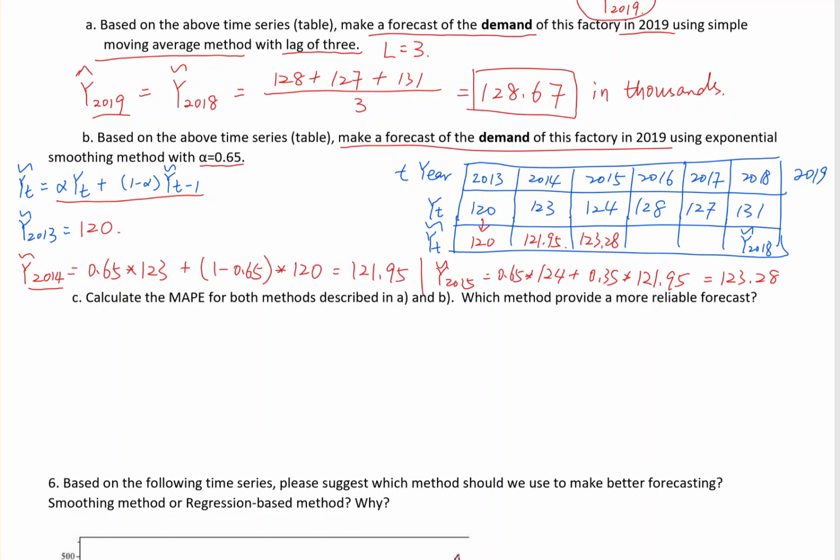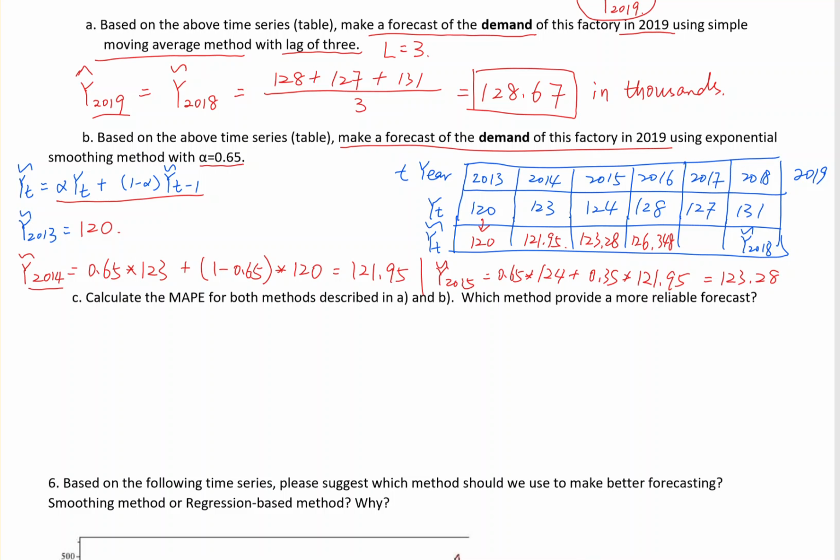For 2016, it is 0.65 times 128 plus 0.35 times 123.28. If you calculate this, it will be 126.348.